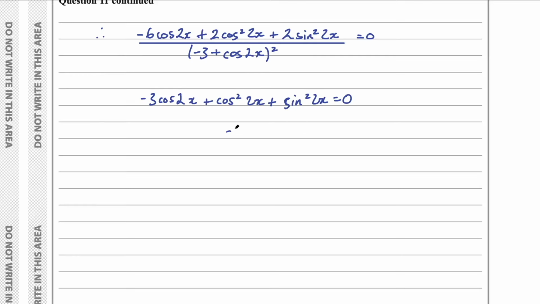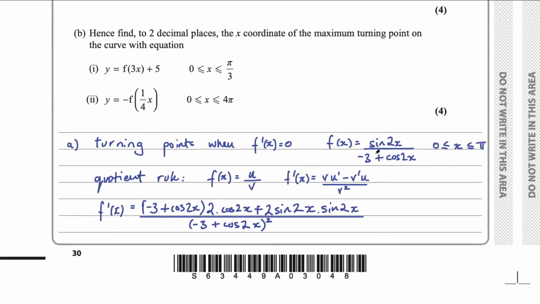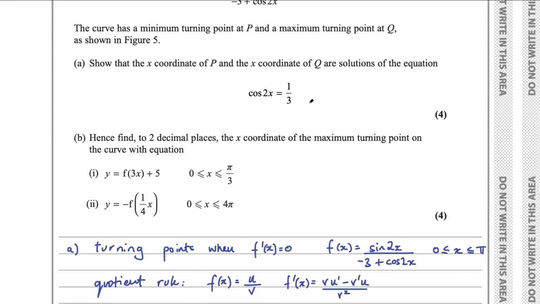So we can write this as negative 3 cosine 2x plus 1 equals 0, and then subtract 1 from the right hand side, and then divide by negative 3. We would have cosine 2x equals negative 1 over negative 3. The negatives would cancel out, so we'd be left with 1 over 3 on the right hand side. And if we go back to the question once again, we'll see that is the equation we were looking for.